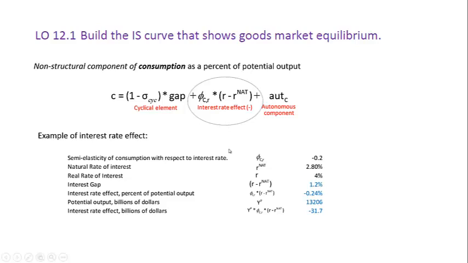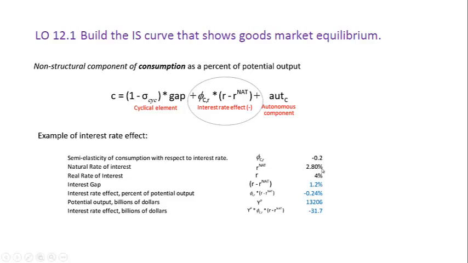So let's see how we would compute that. Let's assume that that semi-elasticity is minus 0.2. That means if the interest rate goes up by 100 basis points, we'll be cutting back our consumption by 0.2% of potential output.